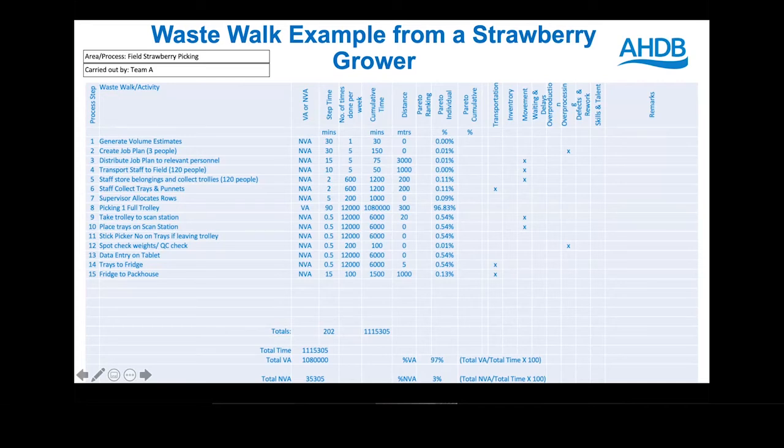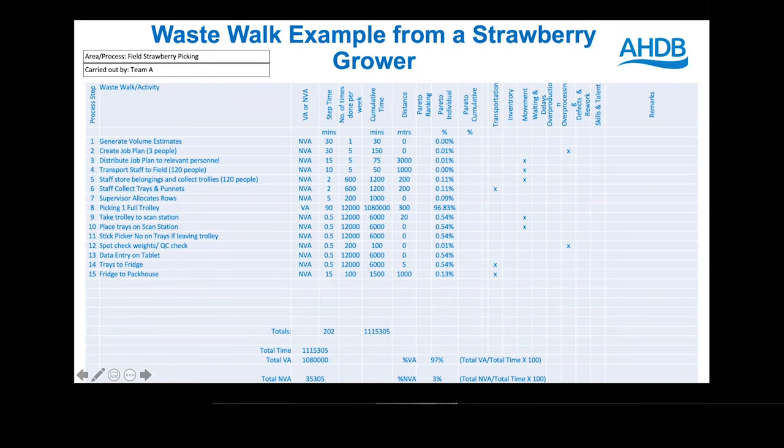The first activities are all around the planning side of things: getting the pick list together, making sure we've allocated who's going to work where, getting the people into the field itself, and then getting people to put their personal belongings down and collect the trays and the punnets they need to do the job, being allocated a row of strawberries to work on.